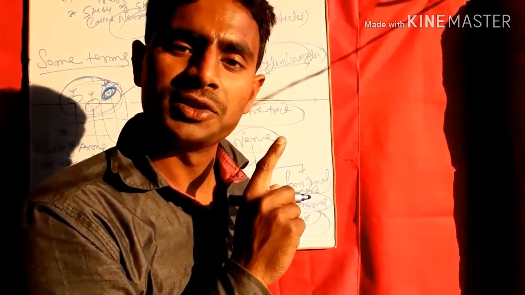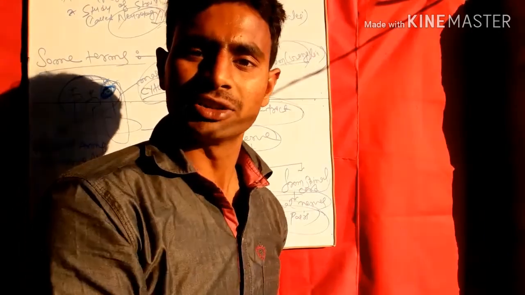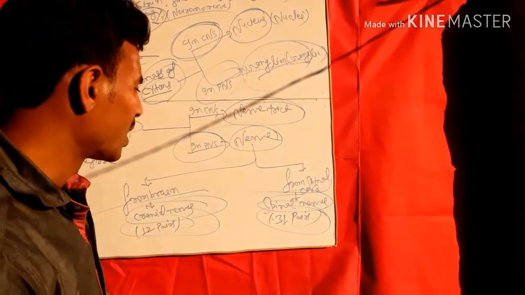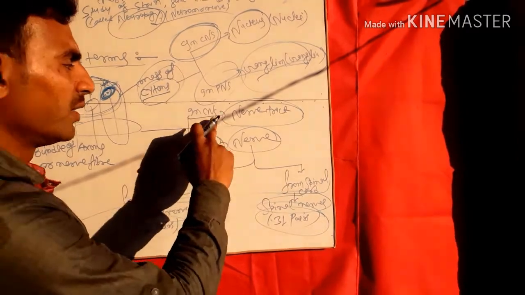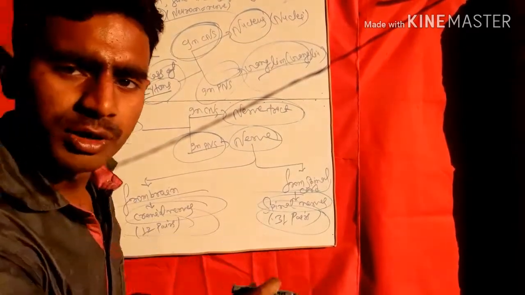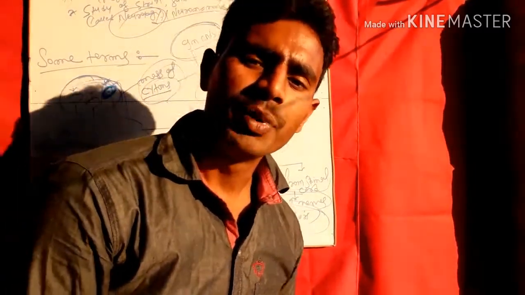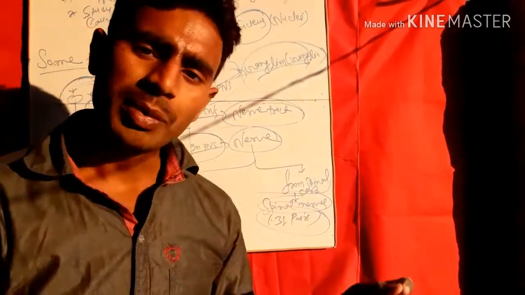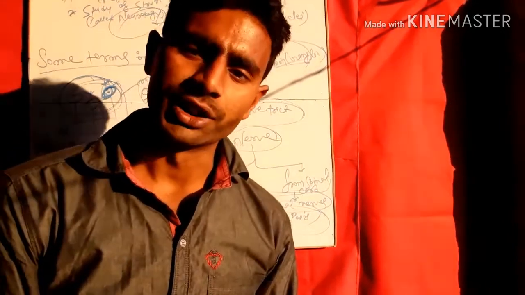Okay, this is a major point to remember. And here the axon in the central nervous system has nerve tract, and in the peripheral nervous system, nerve is present, and nerves arise from the brain and spinal cord. Brain nerves are called cranial nerves, that is 12 pairs, and spinal cord nerves are called spinal nerves, that is 31 pairs.